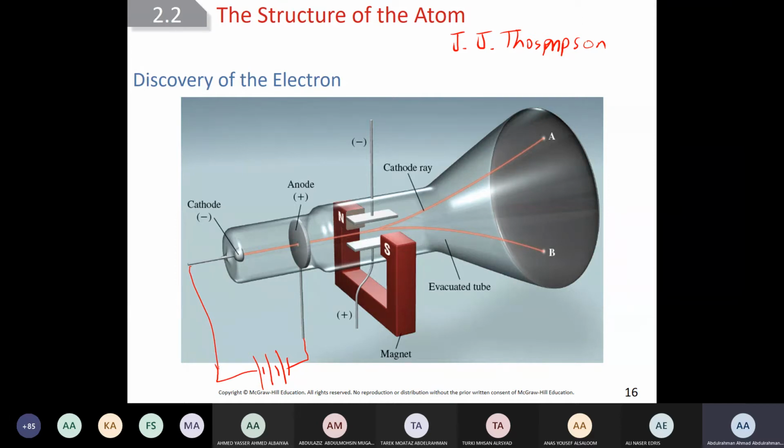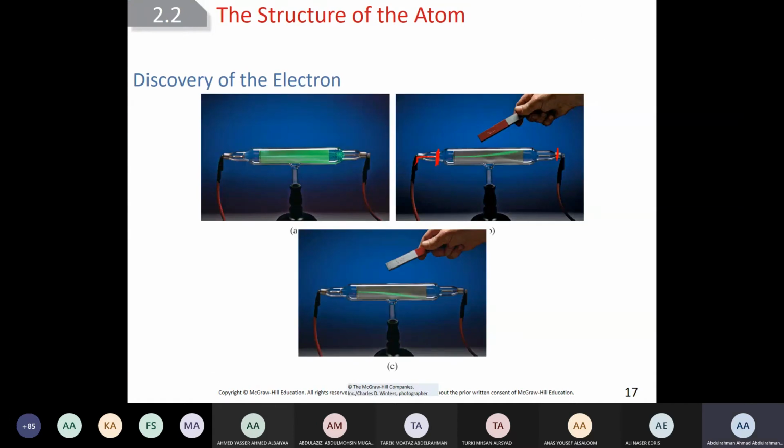And then he found that there is something coming out of this tube toward the other thing, even though the tube is empty, the tube is evacuated. What does evacuated mean? Empty. Nothing. No air at all. No air inside. So there was nothing in here.